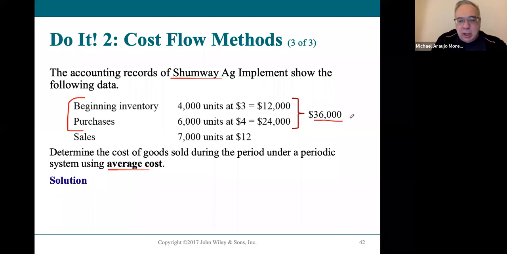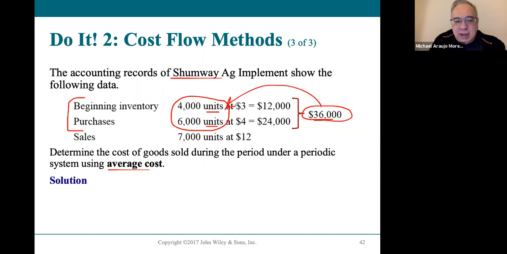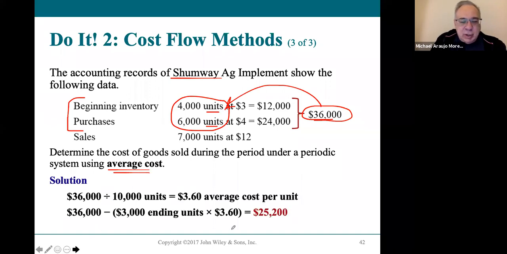Total those up, and we bought $36,000 worth of it. It bought us 10,000 units. $36,000 divided by 10,000 units gives us an average cost of $3.60 per unit.